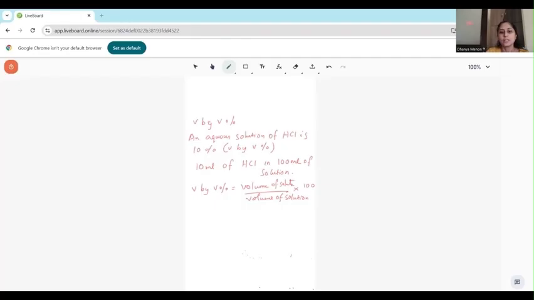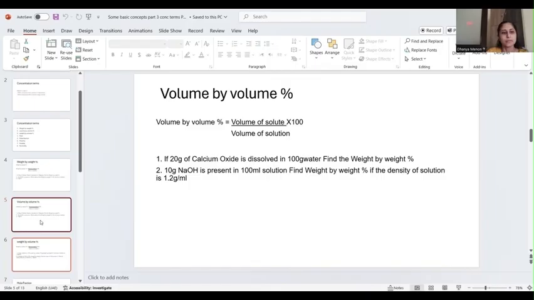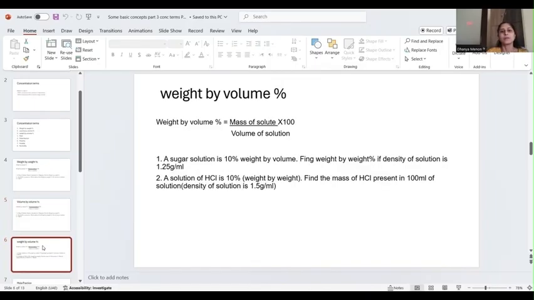Now let's move on to the third concentration term: weight by volume percentage. Since you know weight by weight percentage and volume by volume percentage, I think you will be able to guess this one.